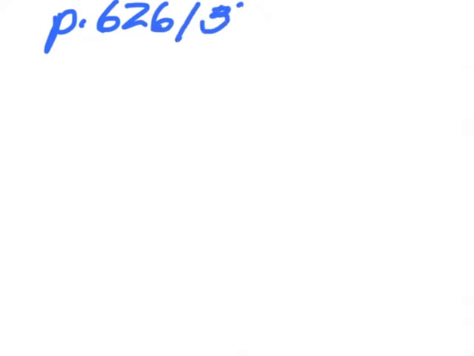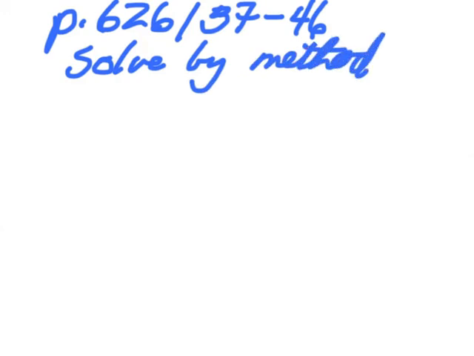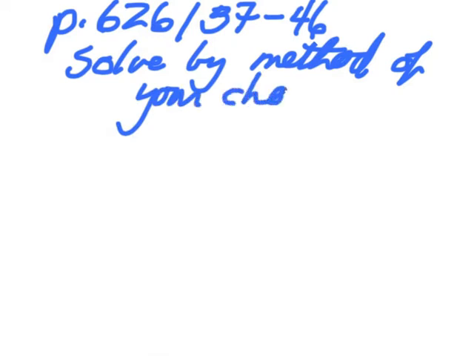Okay. So this takes us to the next set of problems, which in your textbook are on page 626, numbers 37 through 46. In these problems, the directions are solve by method of your choice.